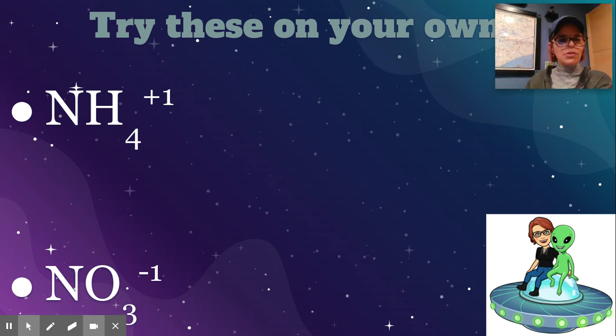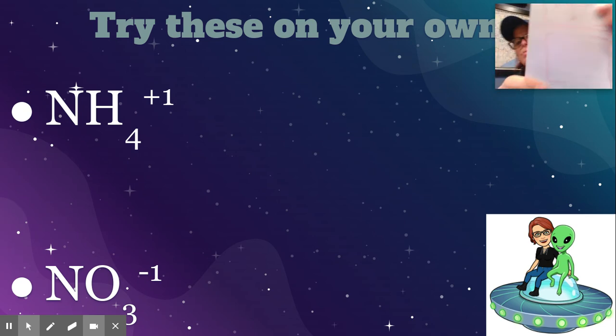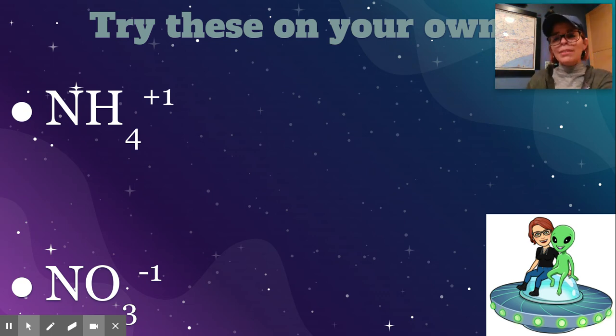All right, so let's try NO3. I've made my brackets, and I'm going to put a -1 outside of my brackets. Then I'm going to count up my valence electrons. Nitrogen has 5, and each of the oxygens has 6 electrons.